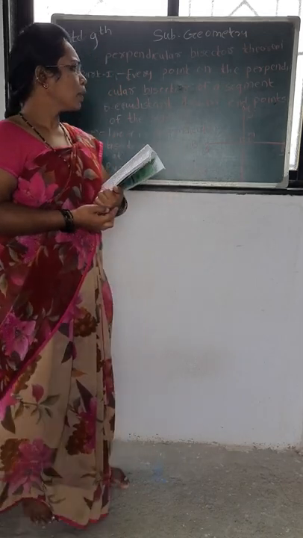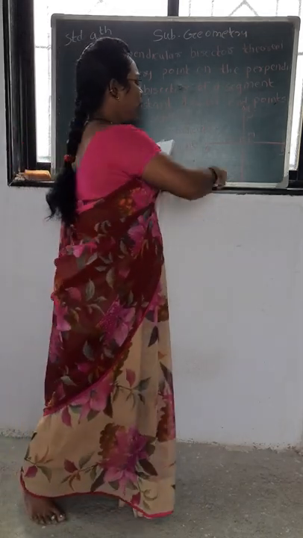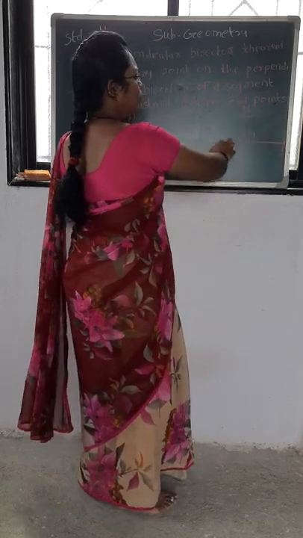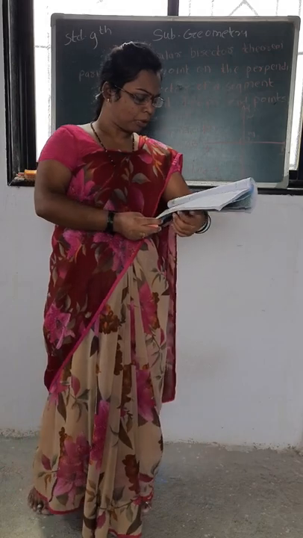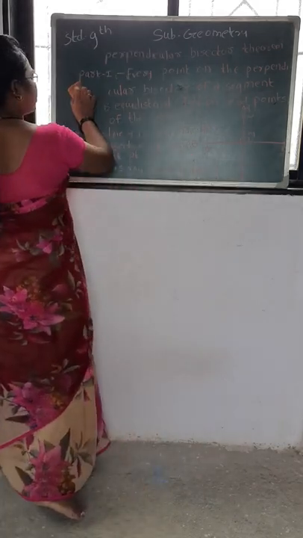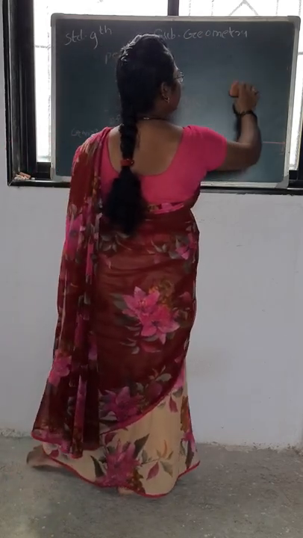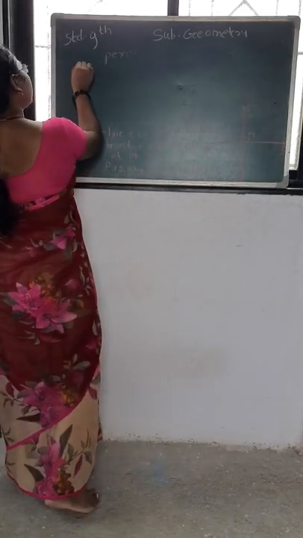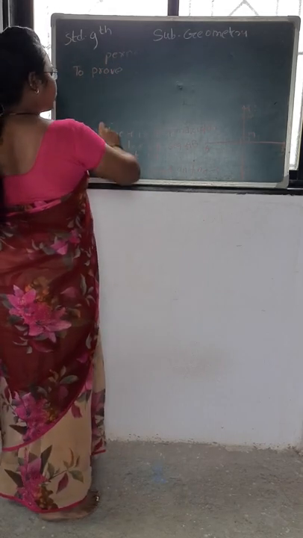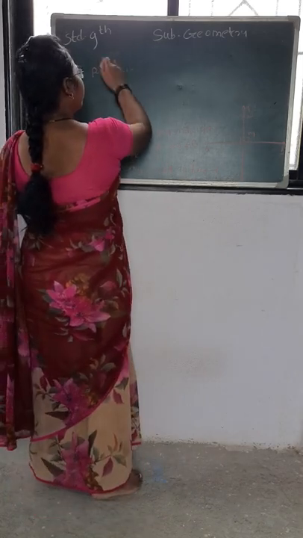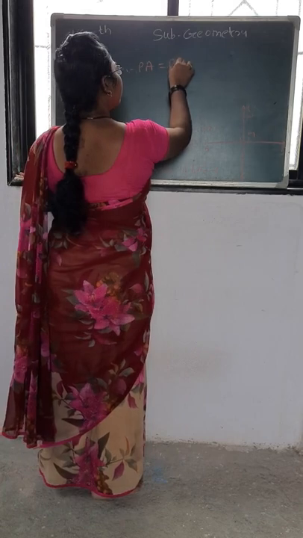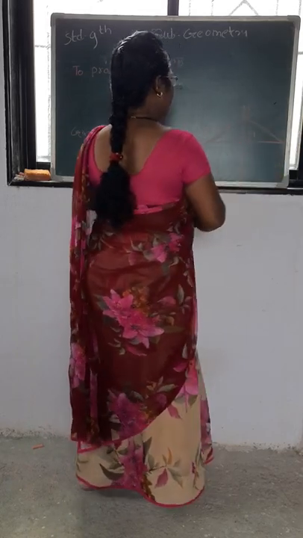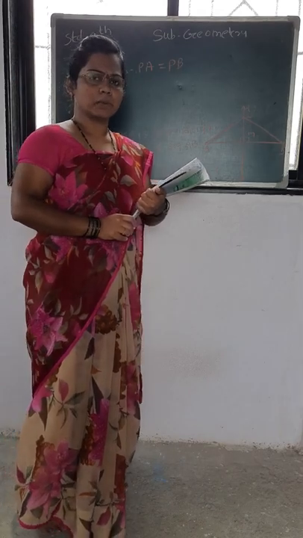We have given that line L is the perpendicular bisector of segment AB at point M, and P is any point on line L. Next, to prove that PA is equal to PB. We have to prove this: PA is equal to PB.